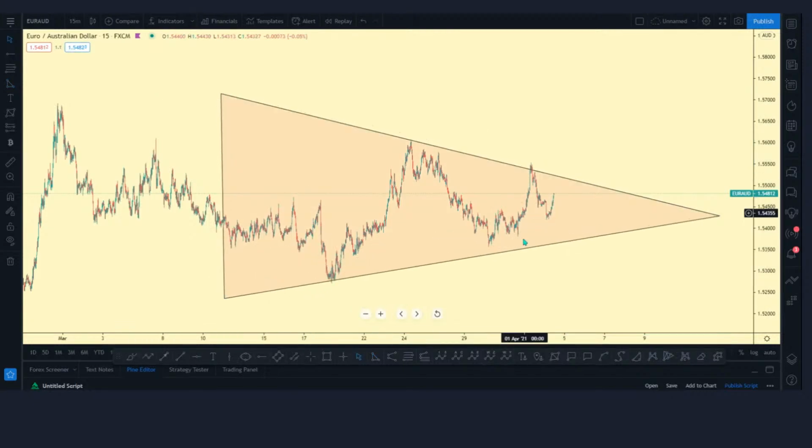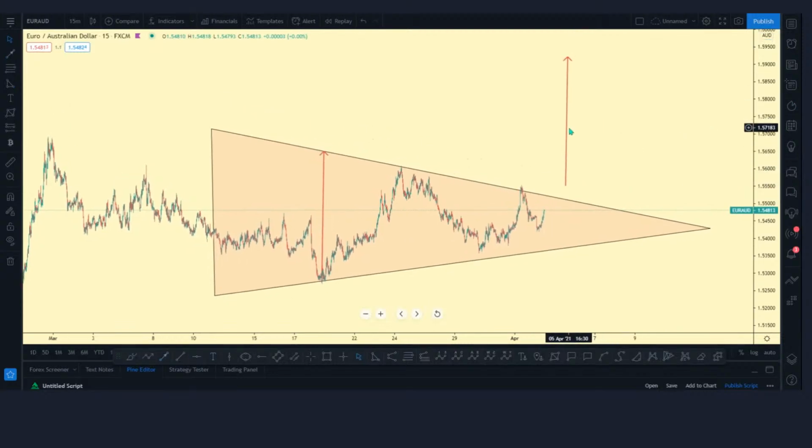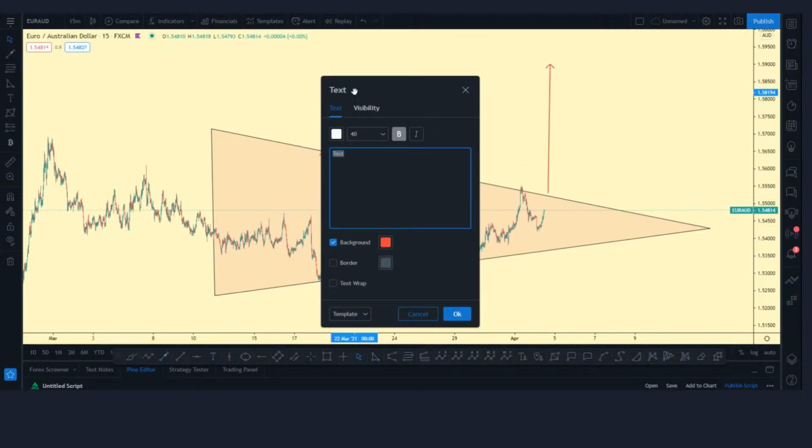Okay, so a breakout of this one will give you a target of this base from here to there. This scenario could work, okay, guys. So a breakout from here. Also, just type here, you're Australian. That's M15.